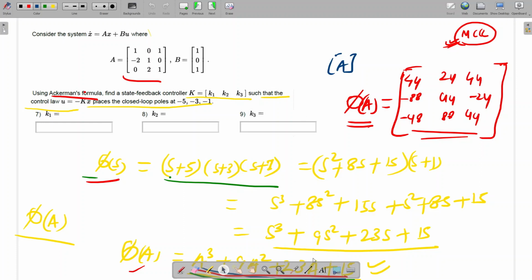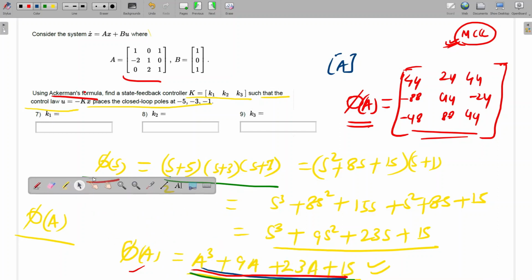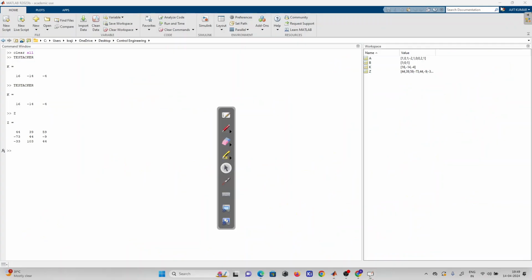A cube plus 9A square plus 23A plus 15, where A is 1 0 1, -2 1 0, 0 2 1. So we are getting 44, 24, 44 here, but MATLAB is giving 44, 39, 59. Then one of them must be incorrect.